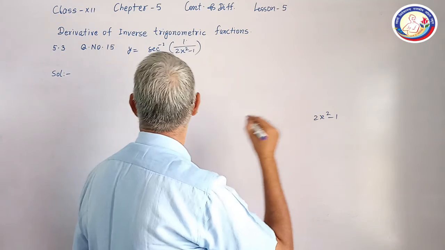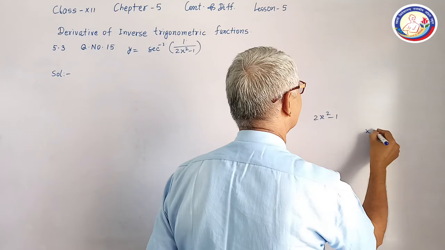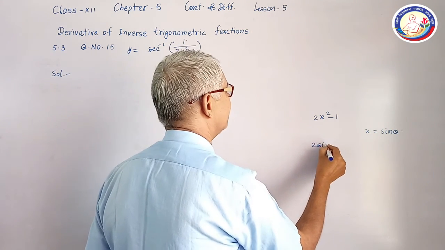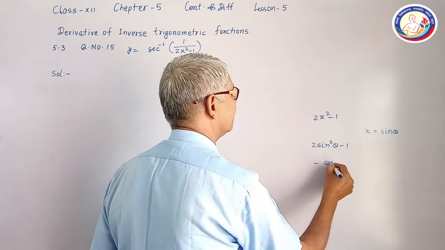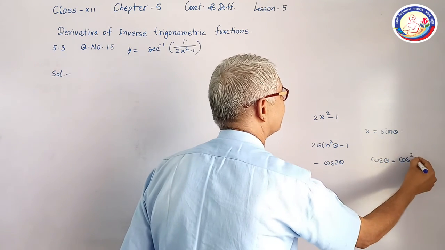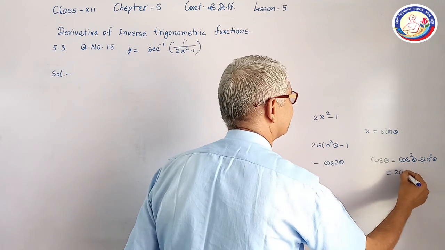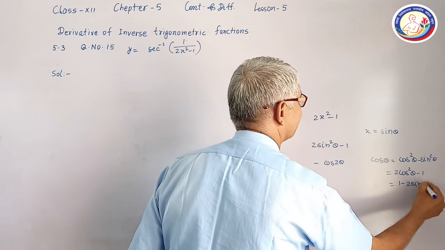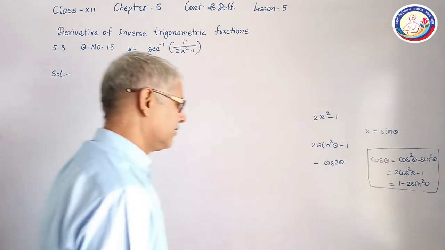If we put here x equal to sin theta, what happens? 2 sin square theta minus 1, that is minus cos 2 theta, because cos 2 theta is equal to cos square theta minus sin square theta, or twice cos square theta minus 1, or 1 minus 2 sin square theta. Remember this. So this is not suitable for us.